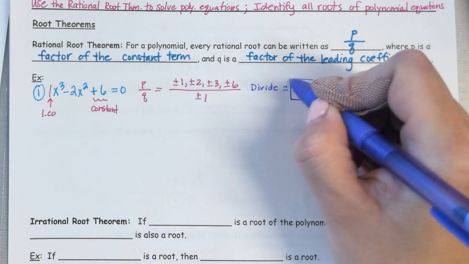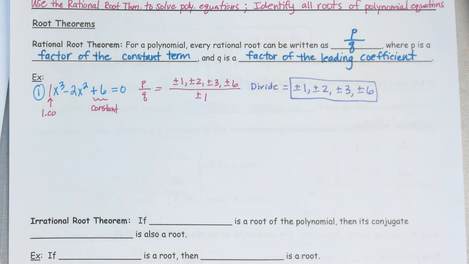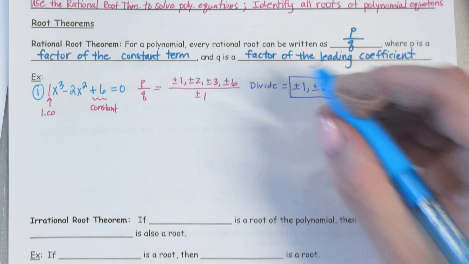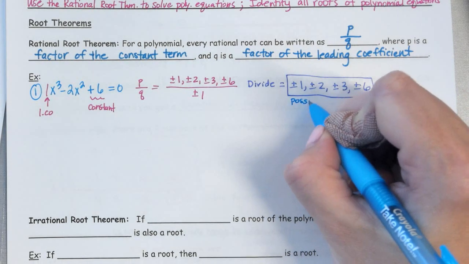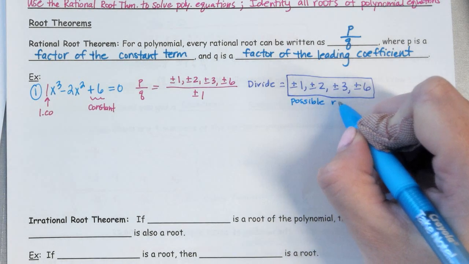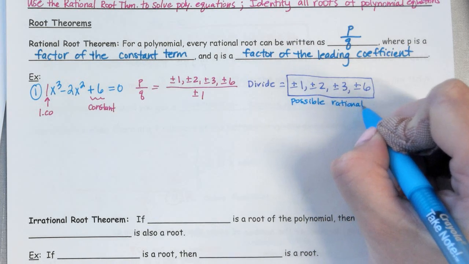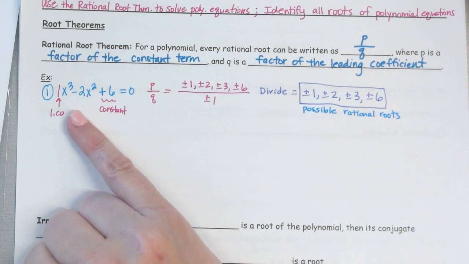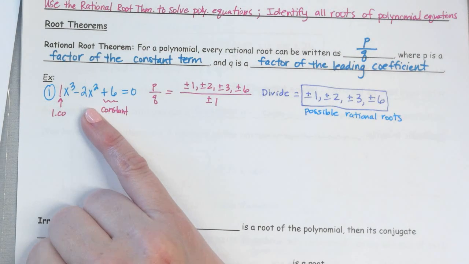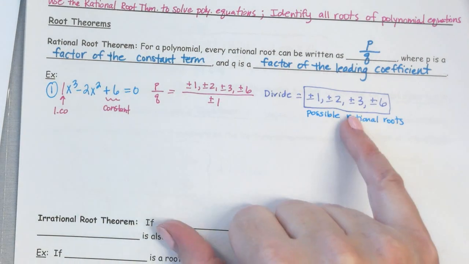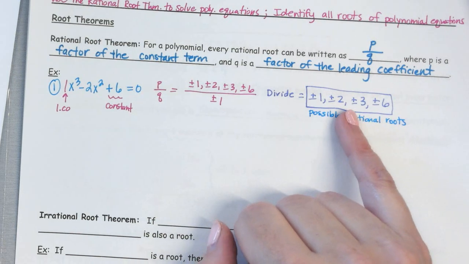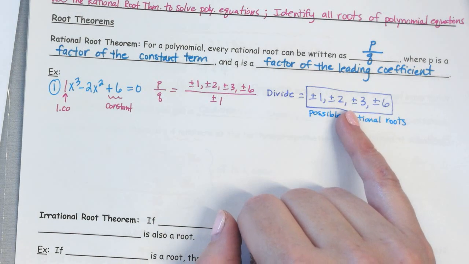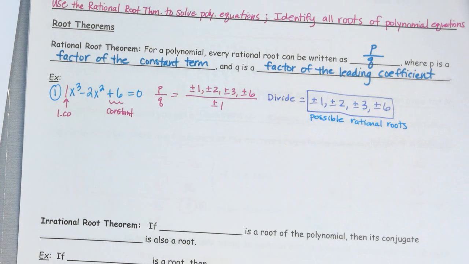So what this does is it generates a list for you of the possible rational roots. And what that means is if you were trying to solve this for x, if you were trying to find the zeros and you got 5, 5 is not on the possible rational roots list. Okay, so that would be incorrect. If it's a rational root, it should be on this list.